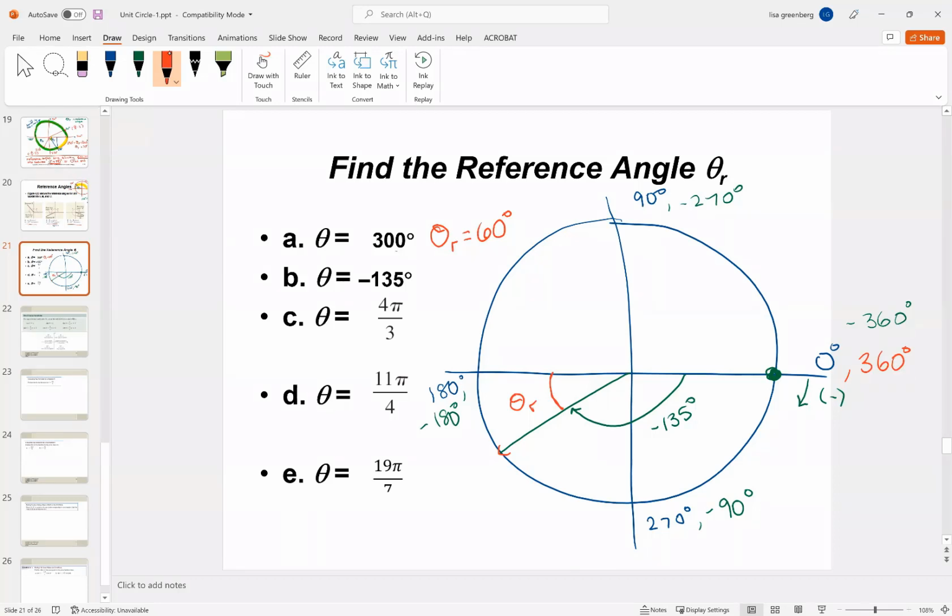Very good, which gives us 45 degrees, right? This is 45 degrees. If you did negative 180 minus 135, you would get negative 45 degrees, which is still okay. Just remember, reference angles are always positive. Take the absolute value and you would still get 45 degrees. The reference angle for minus 135 is 45 degrees.